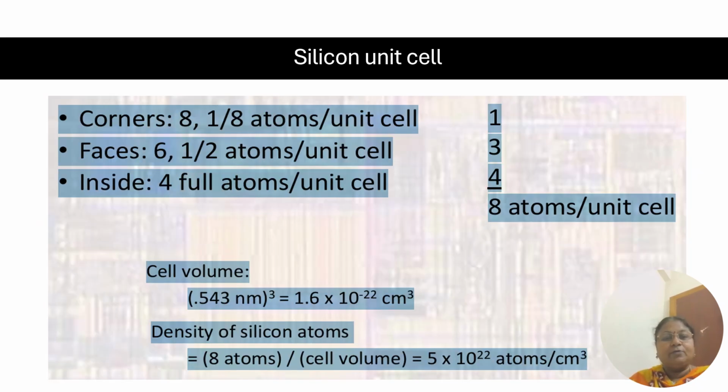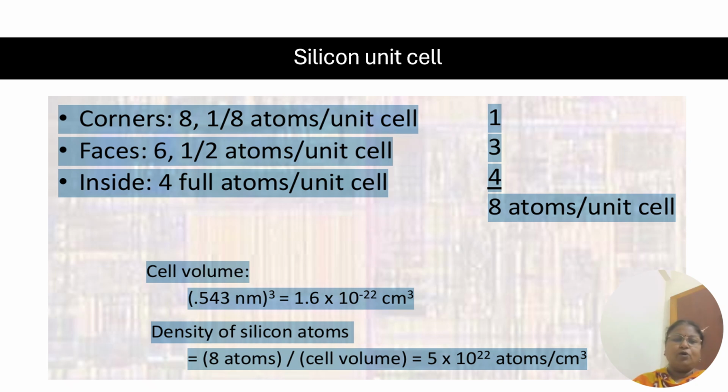Now coming to the calculation part, so we know what is a corner face and what is inside. So with respect to that, the 8 corners, if you take one particular unit cell, it is 1 by 8 of the unit. 6 faces are going to be there in a cube, thereby 1 by 2 atoms of the unit cell. 4 full atoms.